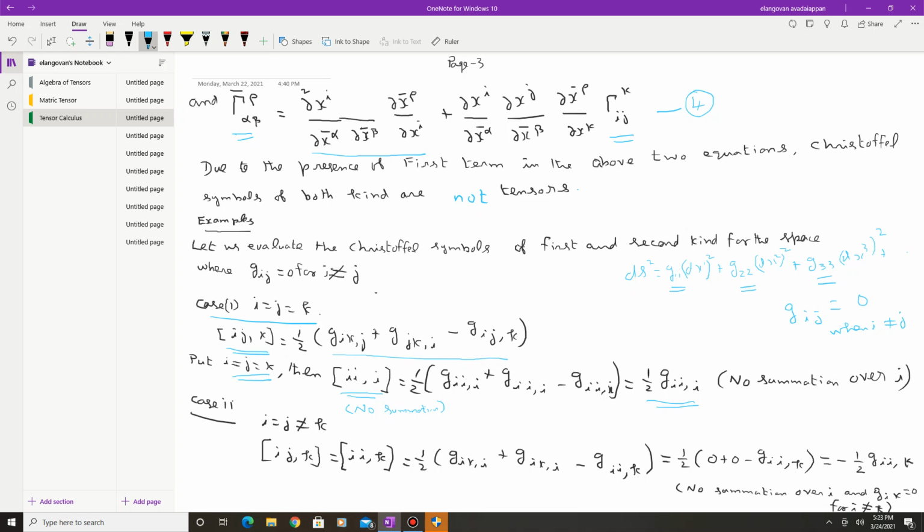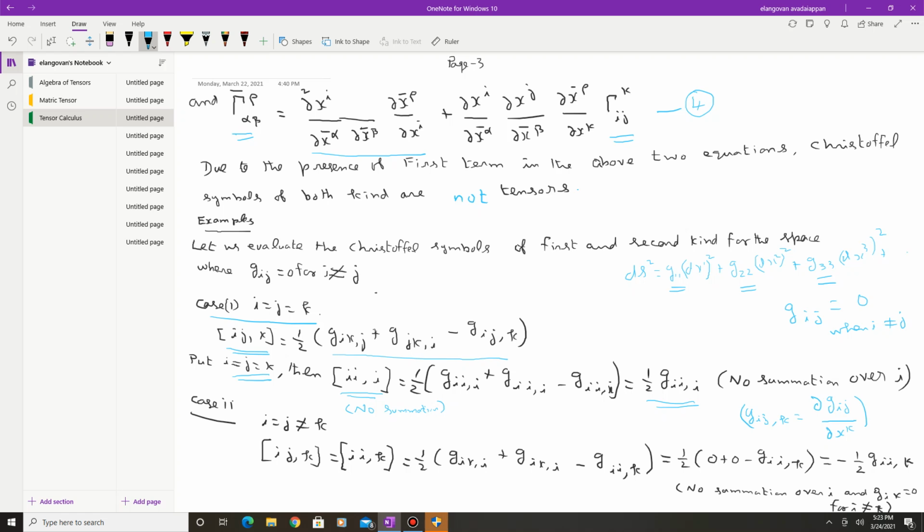If we put i equal to 1, this is [11,1], which means half into g11,1. That is the partial derivative of g11 with respect to x1. Because we have defined g_ij,k according to the definition as partial d g_ij by partial dxk, this comma represents the normal derivative.